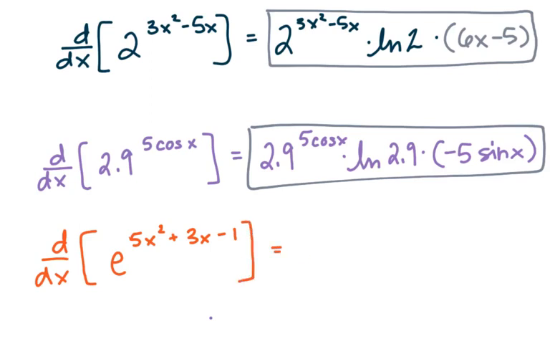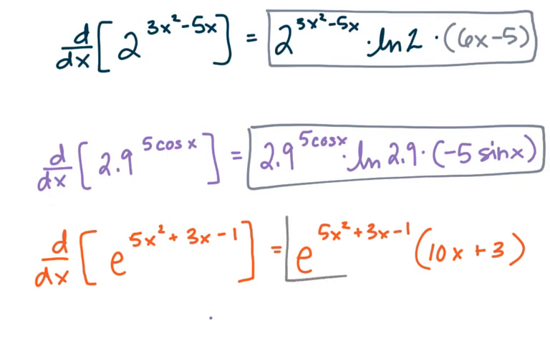So that would be e to the 5x squared plus 3x minus 1 times the derivative of the exponent, which would just be 10x plus 3. And that's my answer there. So I didn't need to write times natural log of e because natural log of e is 1. When the base and the argument match, that logarithm is going to be equal to 1. So that's our basic rule.